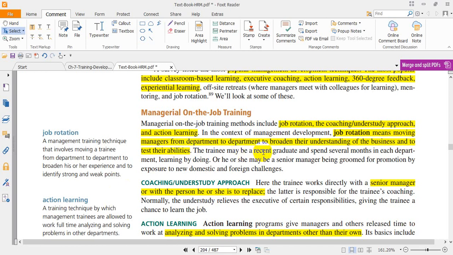The trainee may be a recent graduate and spend several months in each department learning by doing, or he or she may be a senior manager being groomed for a promotion by exposure to new domestic and foreign challenges.